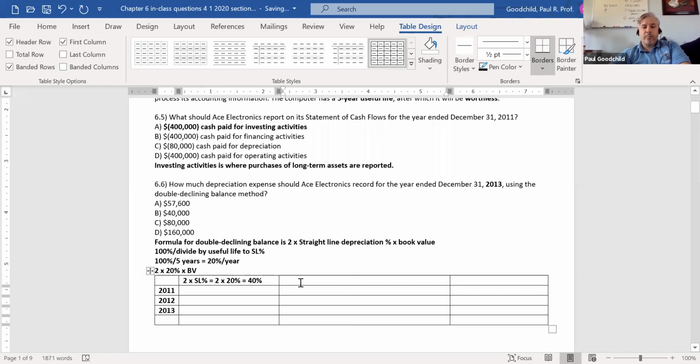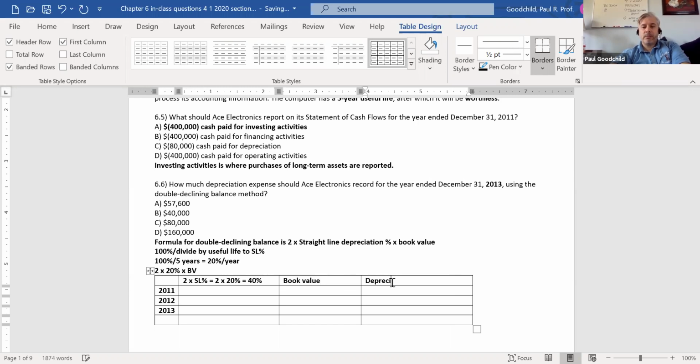Then we have the book value. And the last column is our depreciation expense. So let me go ahead and set these to center.